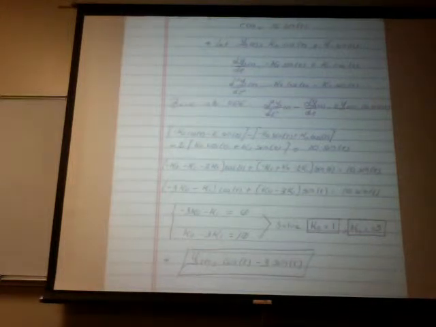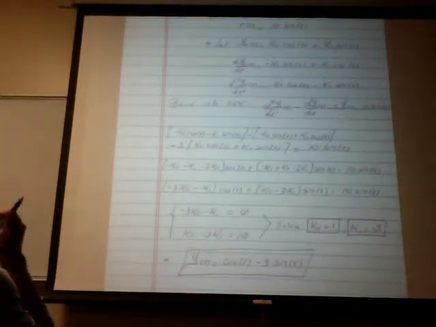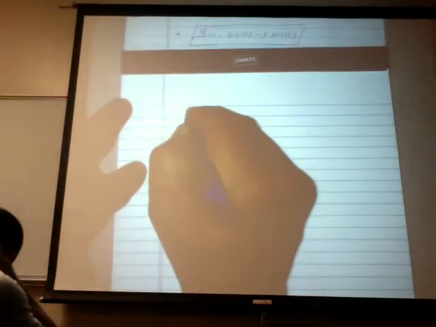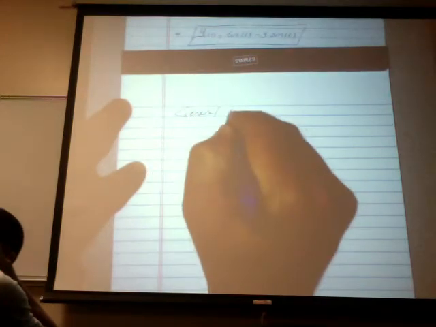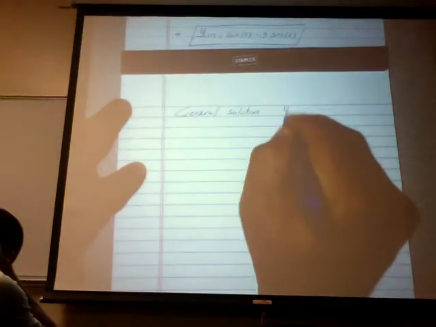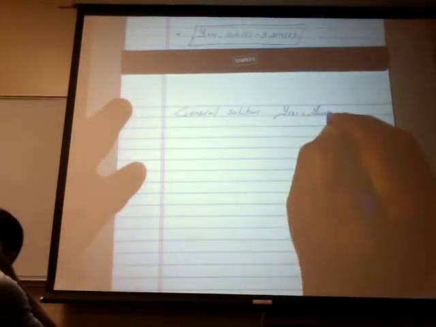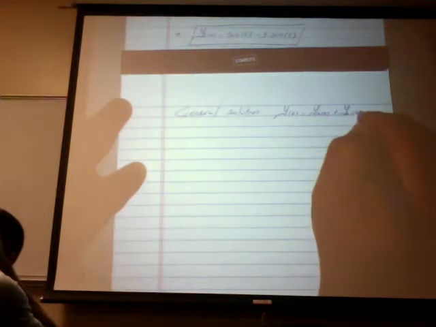Are there any questions on this procedure? Alright, so now we have the homogeneous part and the specific part. And what we need to do is put it together into the general solution. Y of t is equal to the y homogeneous of t plus the y specific of t.